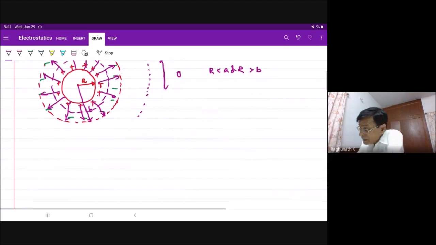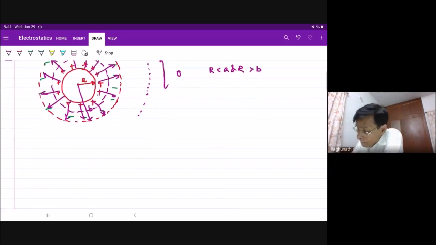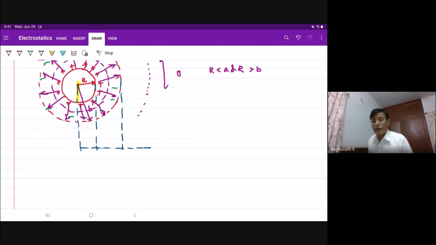What is the graph of it? If I want to draw it as a function of the distance from the center, till A it is 0, after B it is 0. But it has discontinuity because at any surface charge, I told you, right?